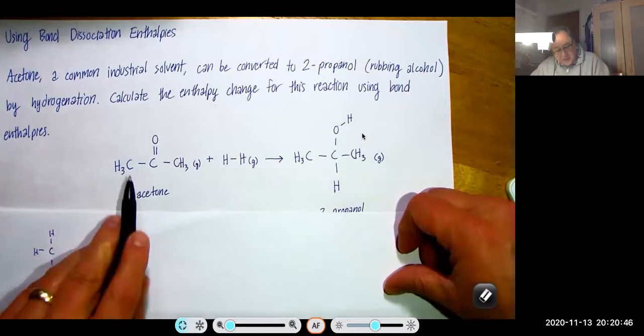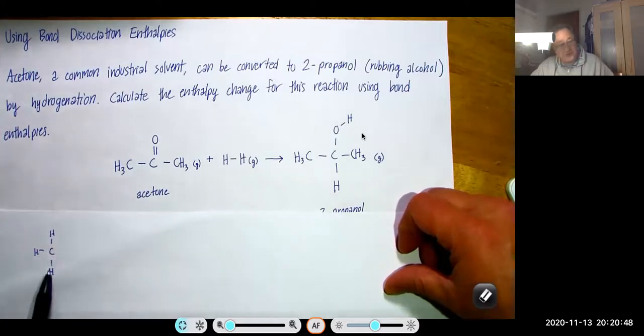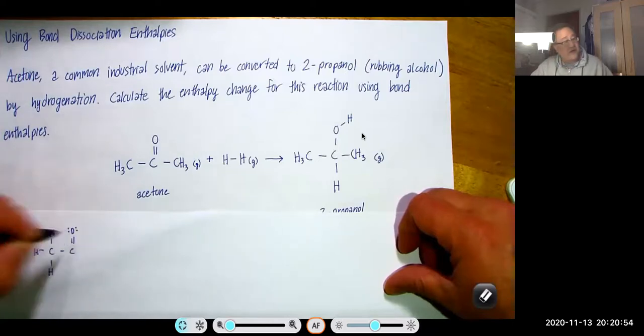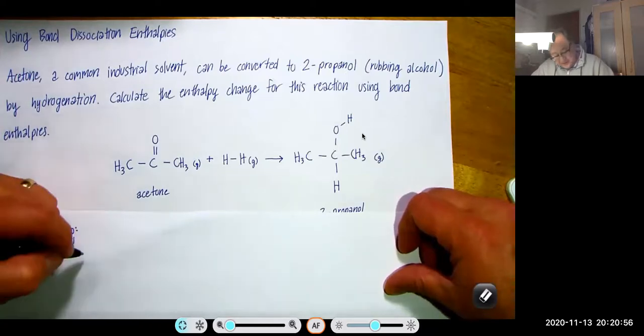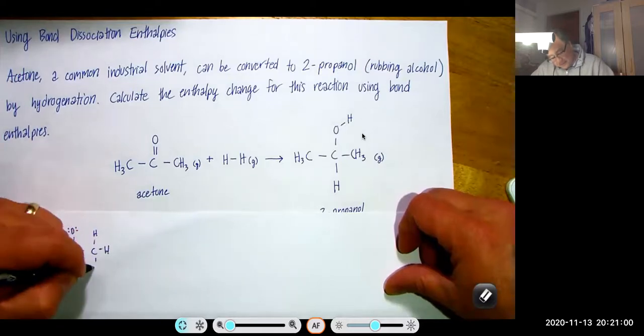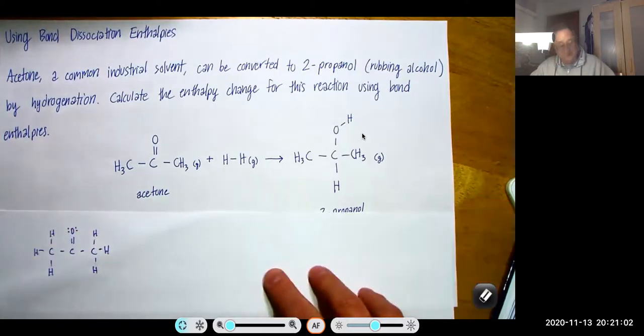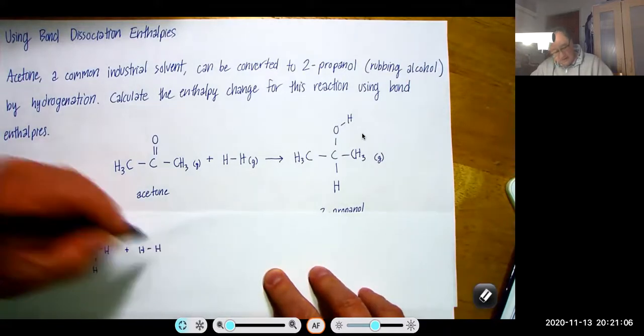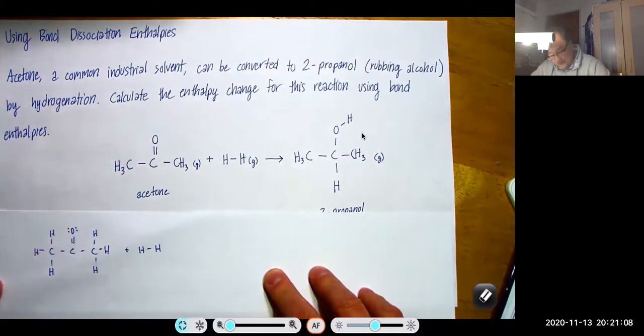This CH3, we know this carbon is supposed to have 4 bonds, so this is what the CH3 really looks like. I'm going to go ahead and put the lone pairs on the oxygen. They're missing. So there's acetone. There's hydrogen. And we're going to make 2-propanol.